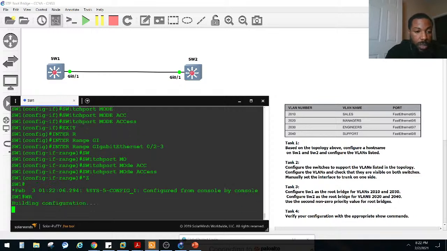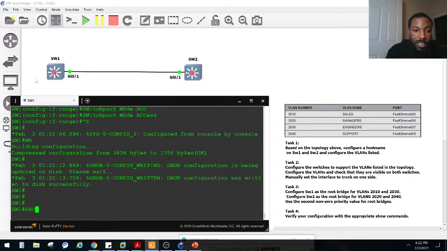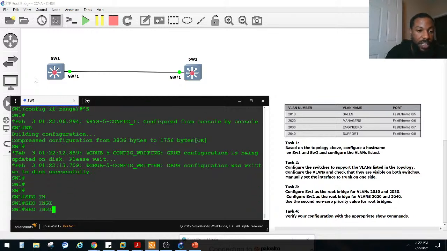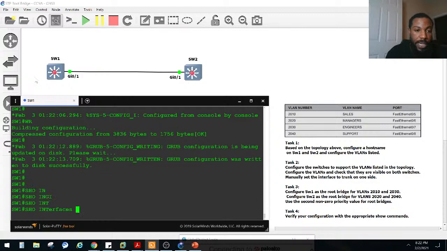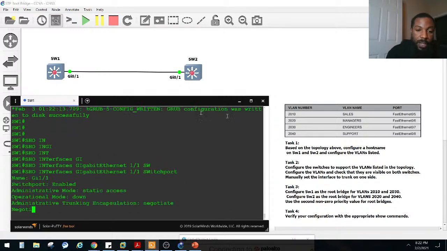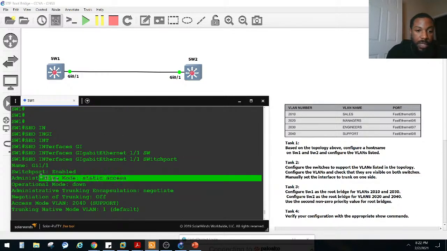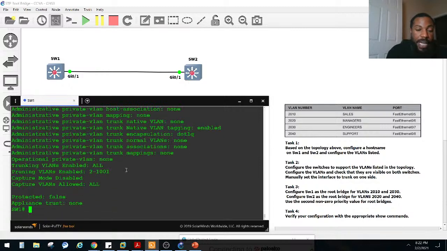So let's do what Kelvin was saying. Oh, please don't tell me. Okay, I thought that was about to crash or something. Show interface gig 1 1 and then put switchport at the end like Kelvin was saying. And you can see right there that it is hard-coded as an access port with this right here, static access. I just wasn't sure if we needed to put that in access port.